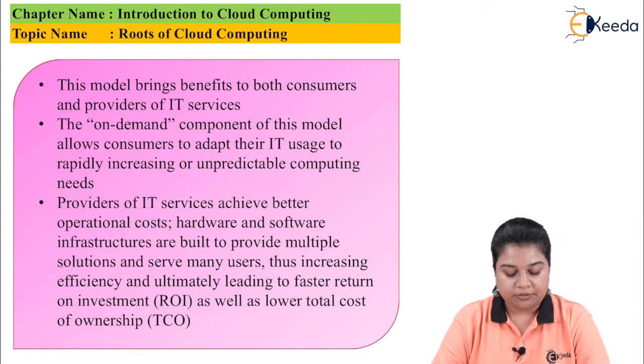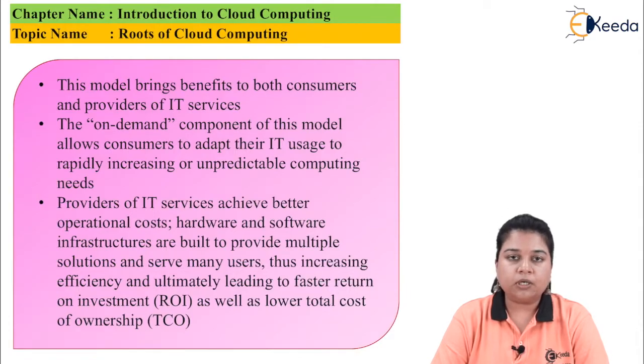Hardware and software infrastructures are built to provide multiple solutions and serve many users, thus increasing efficiency and ultimately leading to faster ROI. ROI is the return on investment, as well as the lower total cost of ownership. Total cost of ownership is usually termed as TCO.